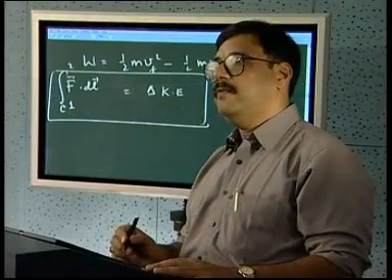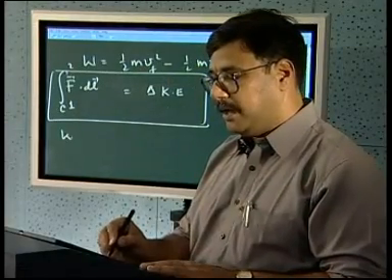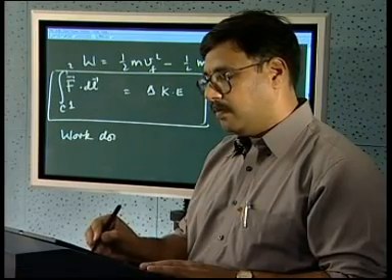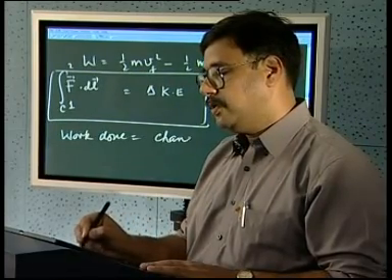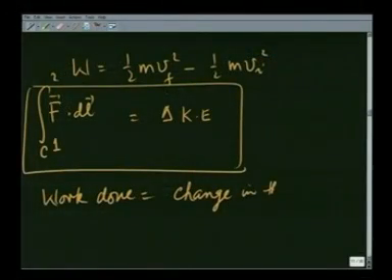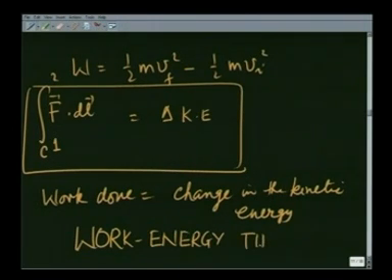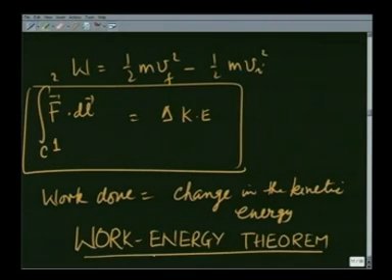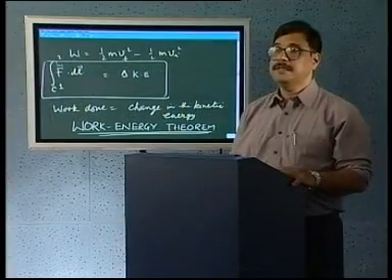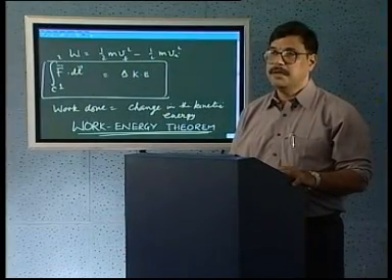So, we have in general that the work done by a force is equal to change in the kinetic energy, and I am going to call this the work energy theorem. I emphasize again, when I calculate the work done, it is the work done by the force.